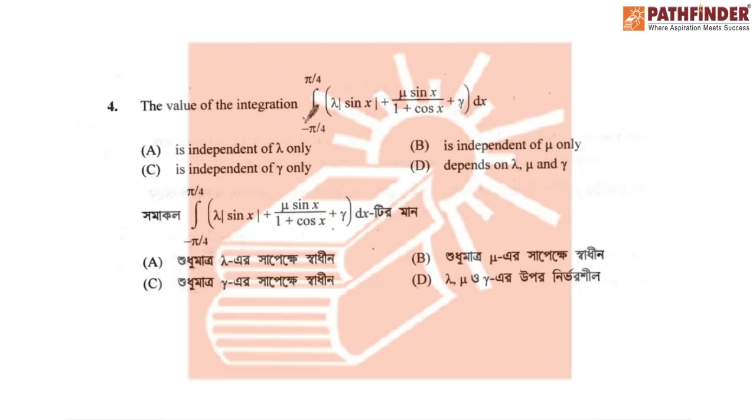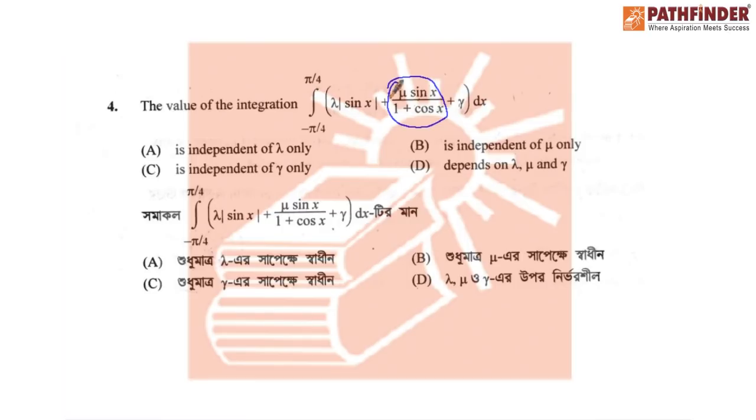The value of integration of this. Now when you see a question, just don't jump on solving the question. First see the options. What is this? Is independent of lambda only, is independent of mu only, is independent of gamma only, is independent of lambda, mu and gamma. So if you look carefully, this is an even function, but this entire function is an odd function.